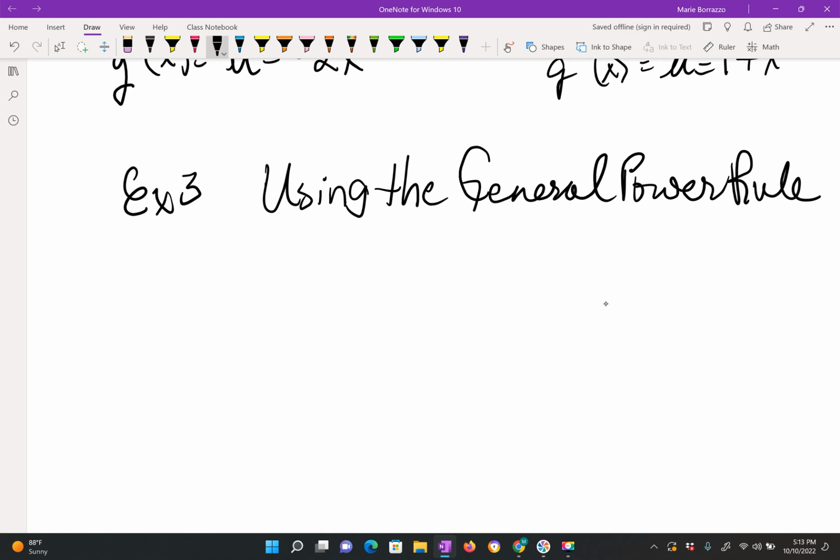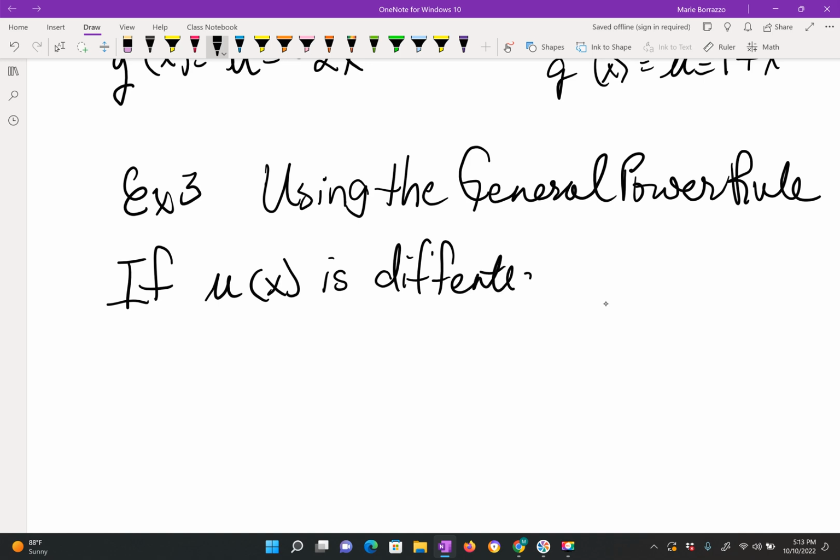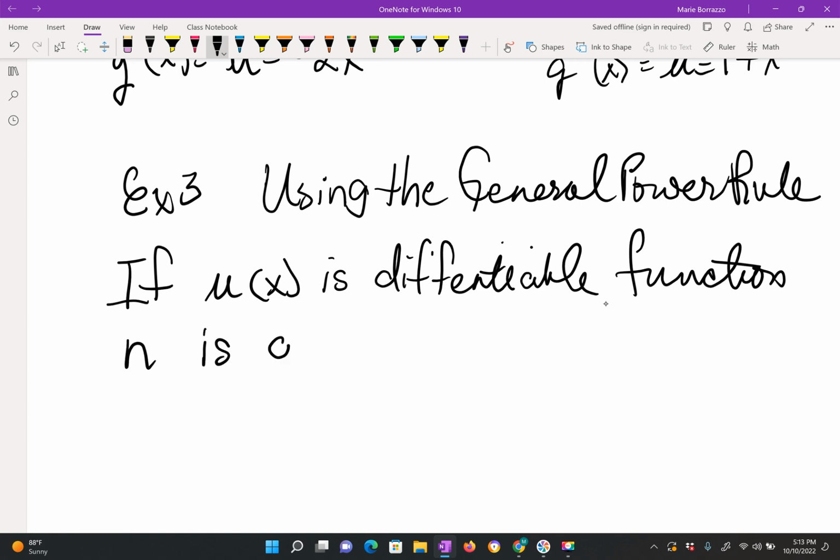So using the general power rule, if u of x is a differentiable function, n is any real number.